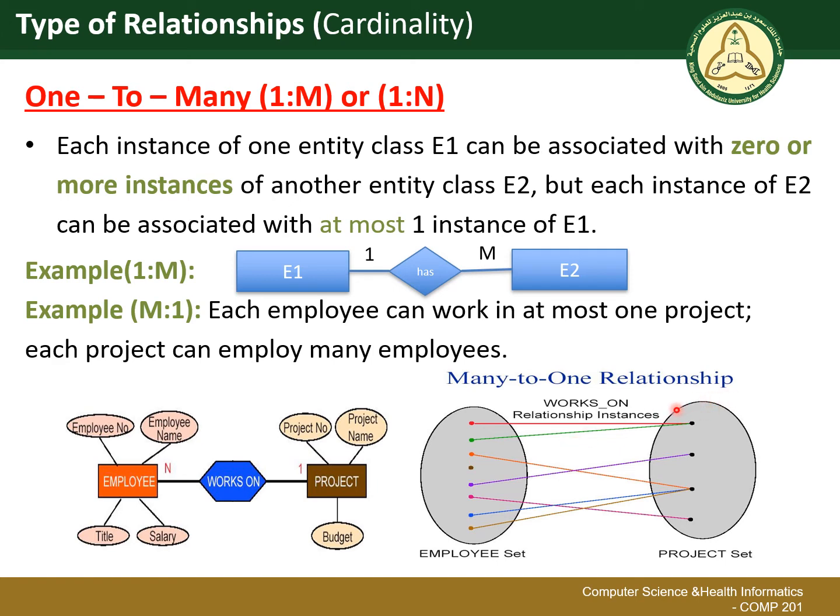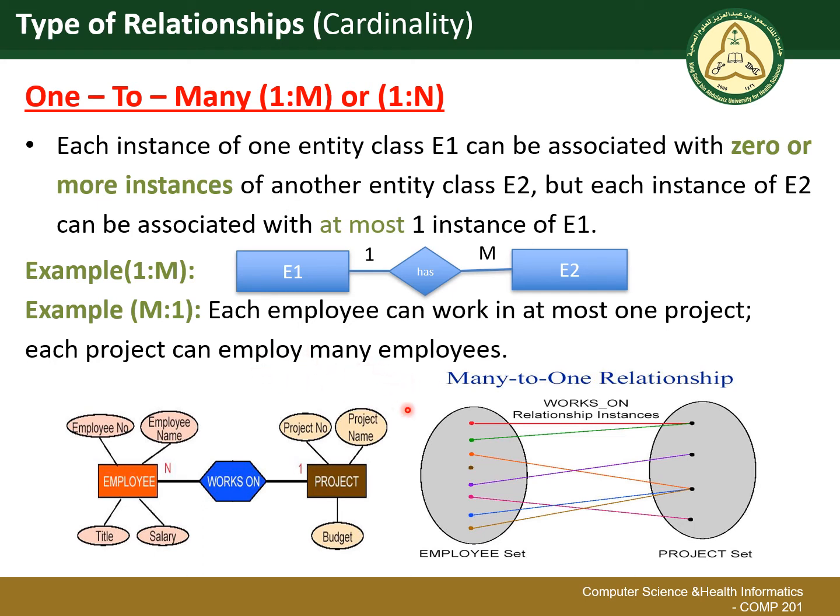But each instance of E2 can be associated with at most one instance of E1. So in the example, each employee can work in at most one project, and each project can employ many employees.